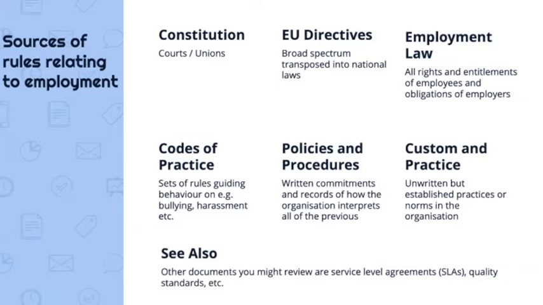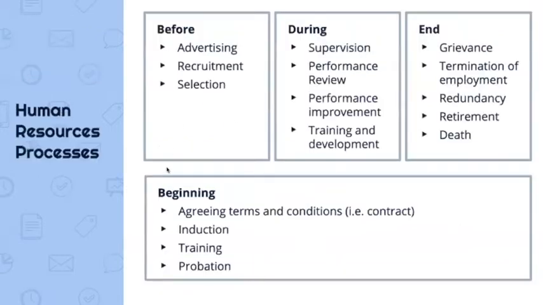Lovely. The second question was in relation to what are all the various processes around this that organizations might have in place. Interestingly, legally, your employment relationship begins before you've ever even met a person.